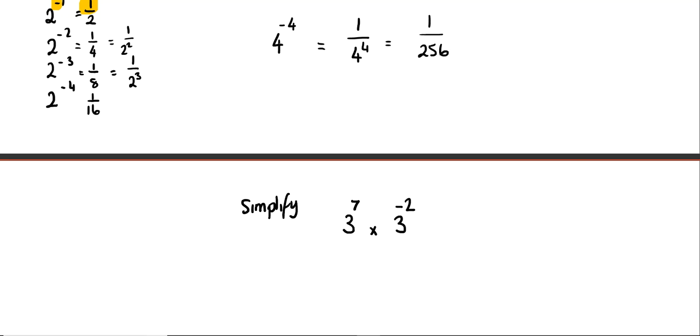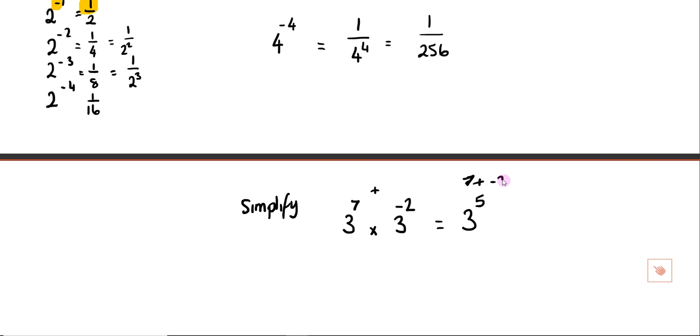Is it 3 to the power of 6? Not quite. 3 to the power of 5, because you add the two together. 7 add negative 2 is 5, right?